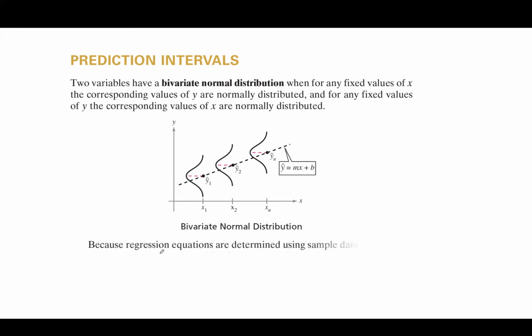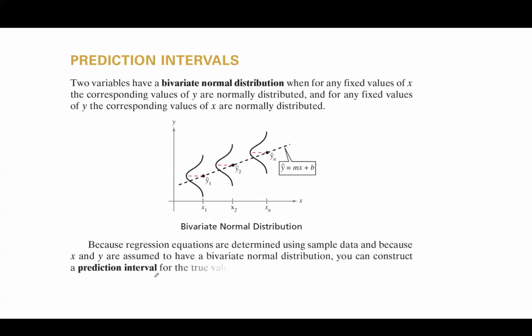Because the regression equations are determined using sample data, and because x and y are assumed to have a bivariate normal distribution, you can construct a prediction interval for the true value of y. To construct the prediction interval, we're going to use a t-distribution with n minus 2 degrees of freedom.